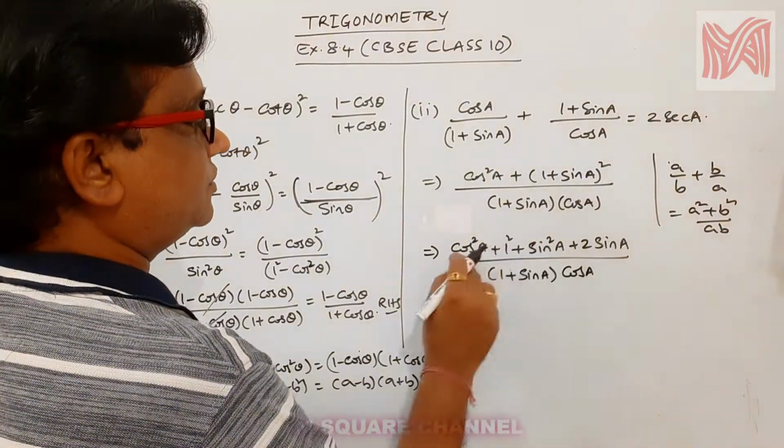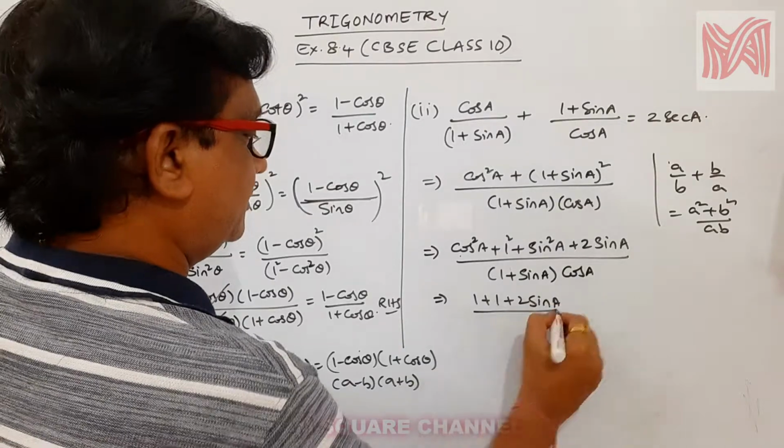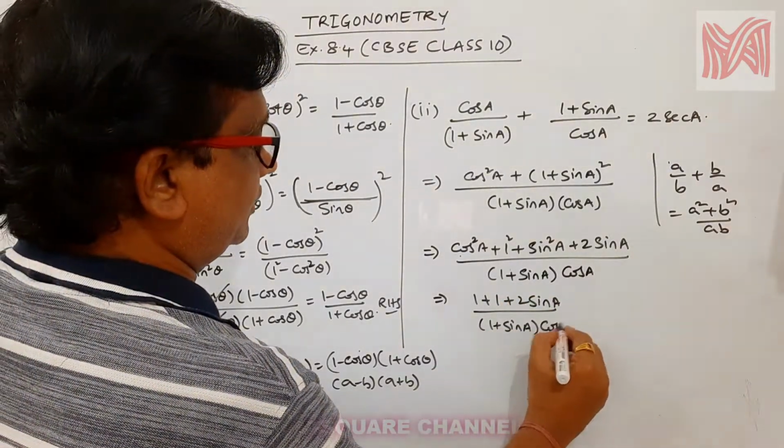Sin square a plus cos square a is 1. So 1 plus 1 plus 2 sin a by (1 plus sin a) into cos a.